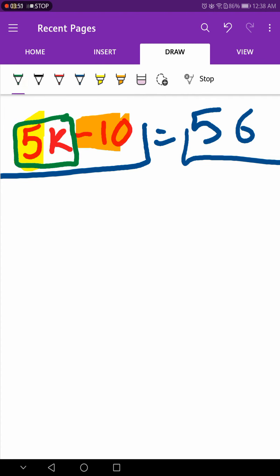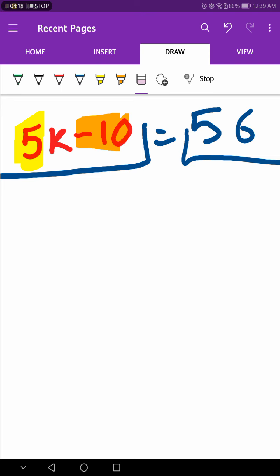There is no operation between the 5 and the k. But the negative 10 is called a term. So if I ask you what is the term and what is the coefficient here, you have to answer: the term is negative 10 and the coefficient is 5.